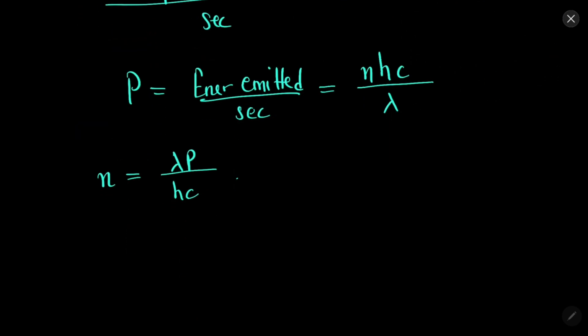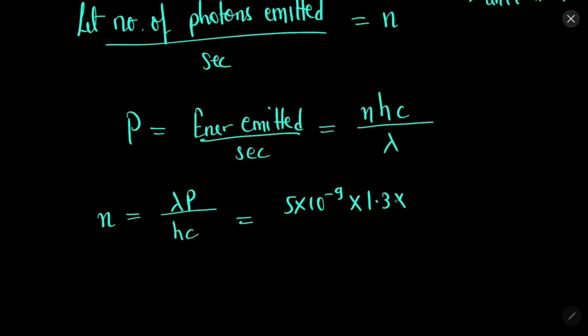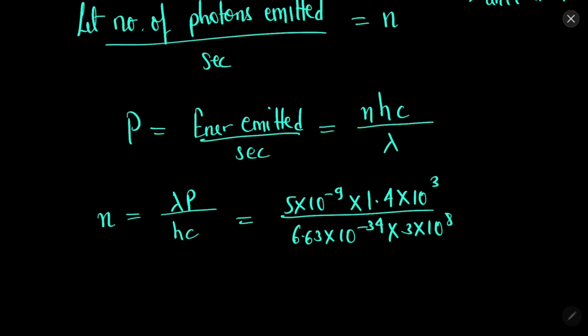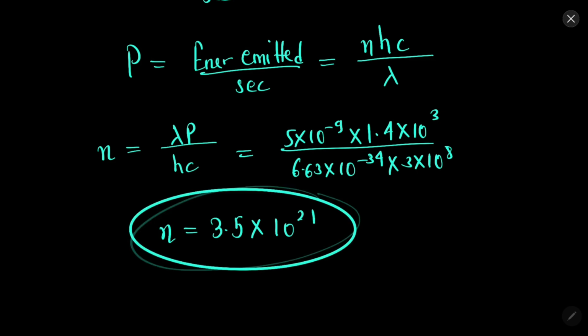Therefore, when we put the values, over 6.63 and the speed of light, once we solve this, the number of photons will be 3.5 × 10^21.